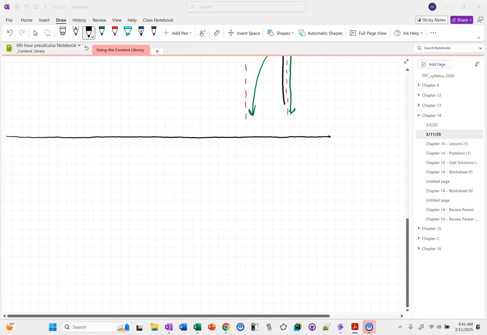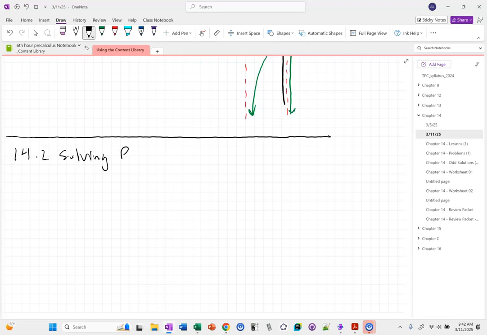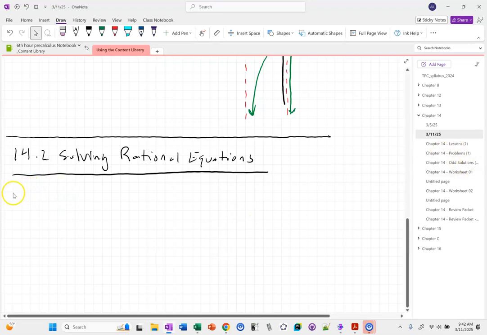All right. The other part that we're going to talk about today is solving rational functions or rational equations. There's lots of different techniques you can use depending on the situation.